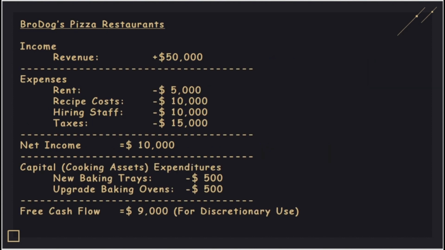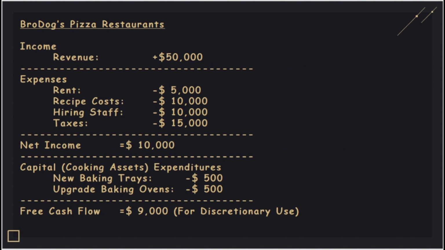Let's still use our previous Brodog's Pizza restaurant as an example. Each month I'm making 50K by selling pizzas, which is my revenue, with direct costs of 5K rent, 10K recipe costs, 10K for hiring staff, and another 15K for taxes, leaving me 10K, which is my net income here.